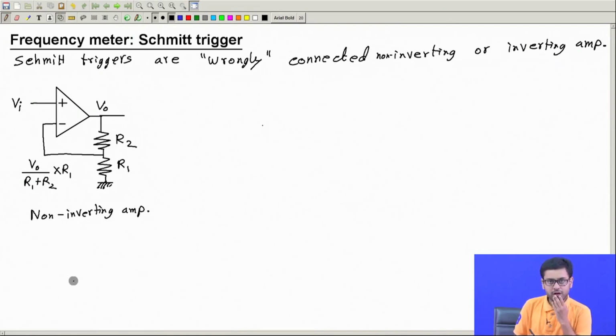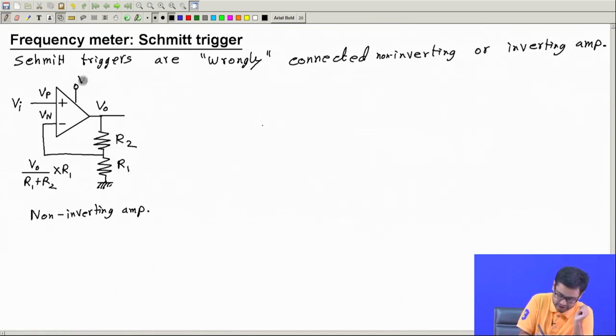Okay, now let me just tell you a small observation about this circuit. So we know that the op amp increases its output voltage towards the positive supply value if this input, that means Vp, call it Vp, call it Vn, if this voltage is higher than Vn, then op amp will increase its output towards the positive supply value.